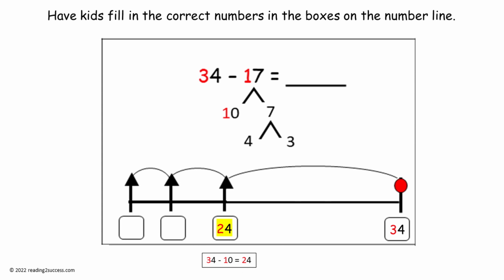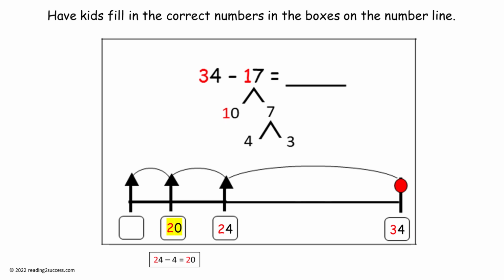So we have the 17 broken into 10 and 7 ones. So we're going to begin by subtracting 10 from 34, and we have 24. The 7 ones are broken into 2 parts, 4 ones and 3 ones.